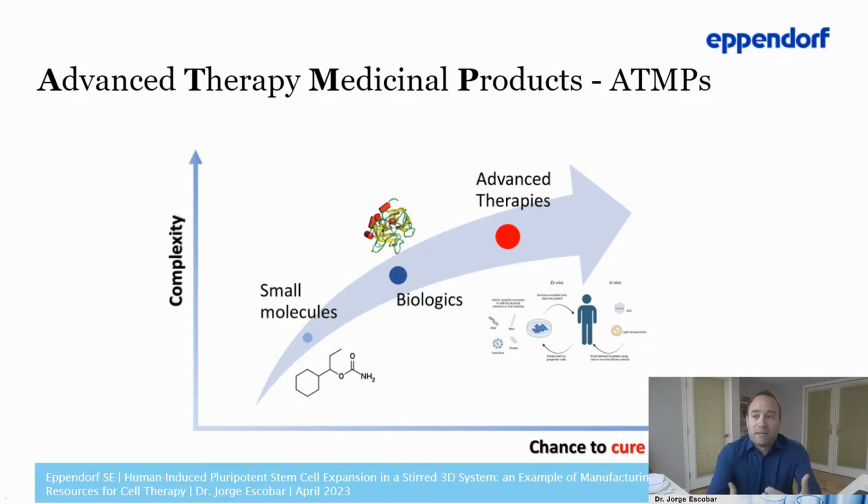By looking at the complexity and size, you can see that advanced therapies are much more complex than biologics or small molecules, which means ATMPs are high-tech products developed through very specific, complicated processes that are at the forefront of innovation with more chances of finding a cure for patients. The aim of small molecules and advanced therapy is quite different.